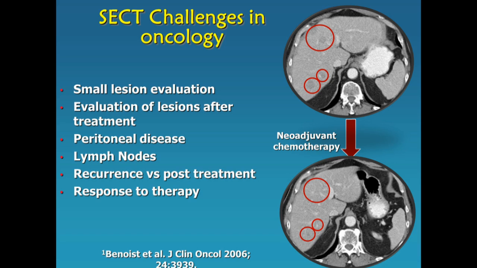The lymph node characterization is another example. In patients who have surgeries or radiation therapy, the differentiation of post-treatment changes from a recurrence continues to bother us, and we haven't figured out a good approach on CT to make that determination.